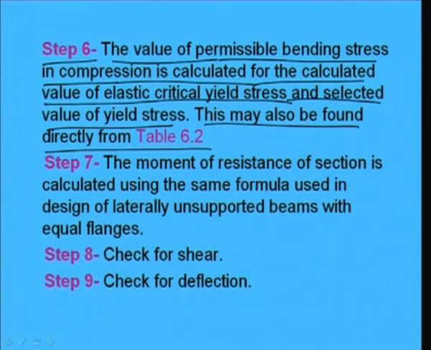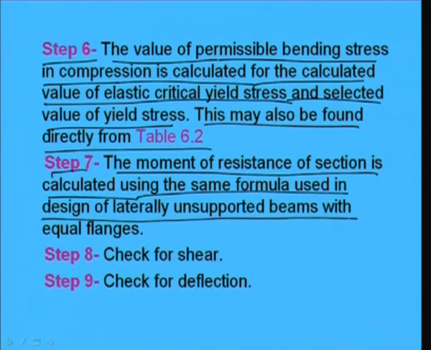Now, in step 7, the moment of resistance of the section is calculated using the same formula used in design of laterally unsupported beams with equal flanges. So, similarly, we can find out the moment of resistance, that means Z into sigma bc, right.